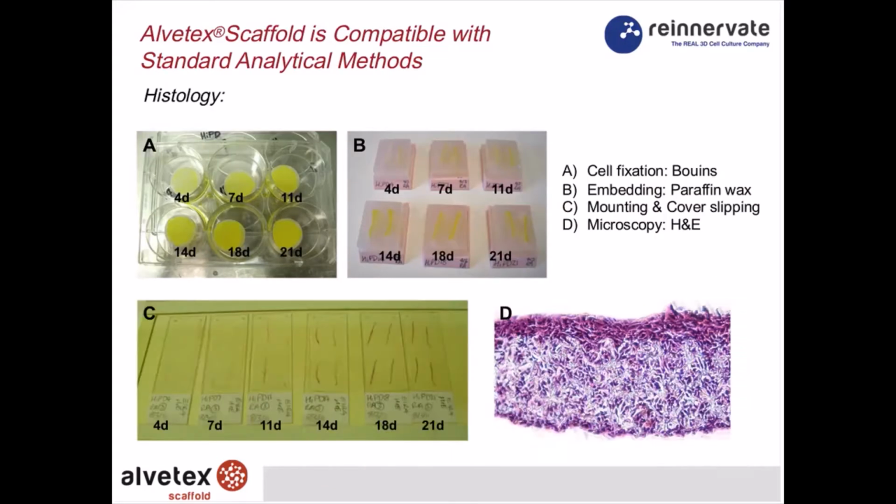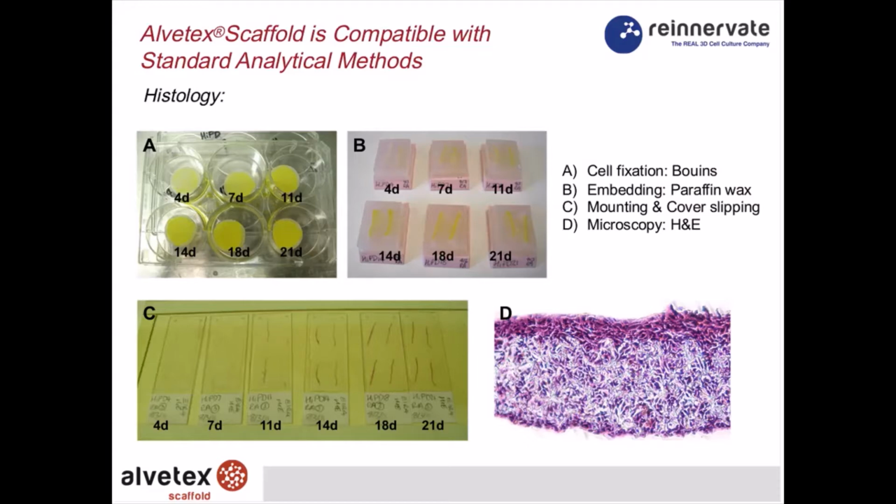So growth of cells in Alvetex is just like growing tissue, as I've already described, and like tissue, one can fix the cells. So these are discs of Alvetex fixed with Bouin's, and it's a yellow color. You can see how over 4 to 21 days the intensity of yellow increases.